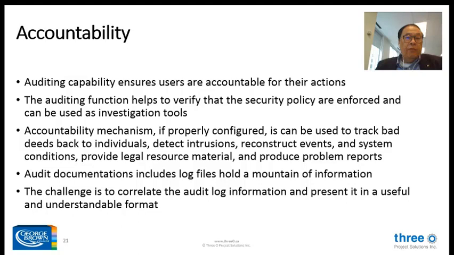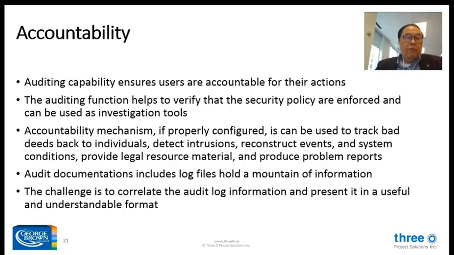Okay. So the accountability mechanism, if properly configured, can be used to track bad deeds back to the individual, detect intrusion, and reconstruct events using evidence, right? And then the system can provide legal resources for future litigation, perhaps.